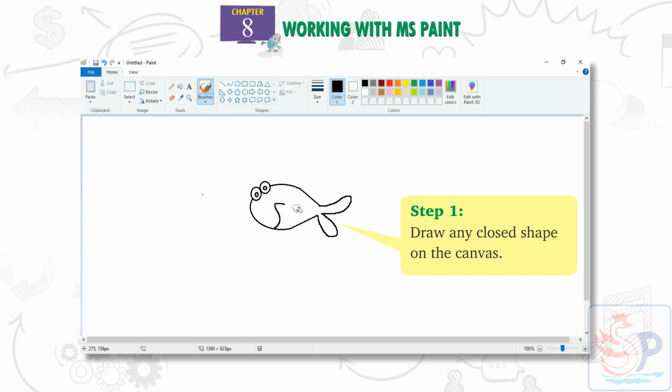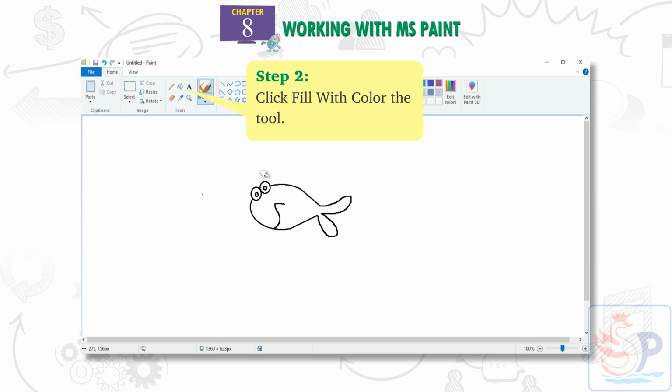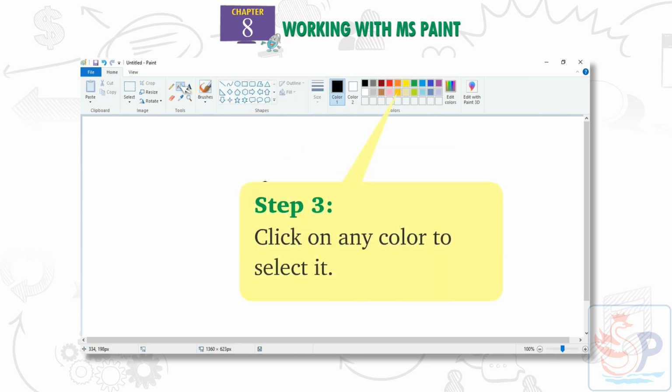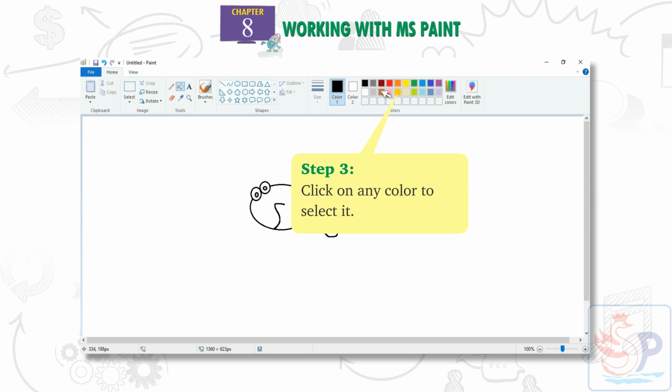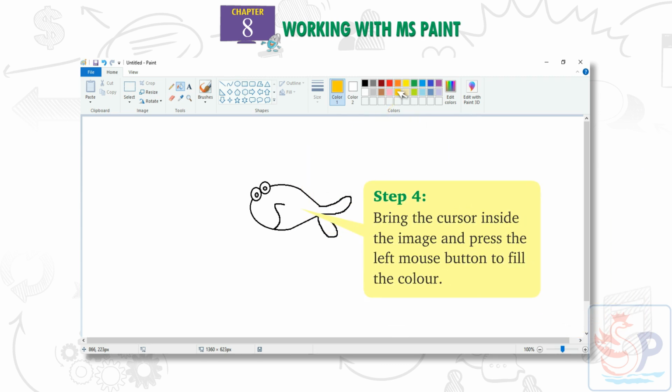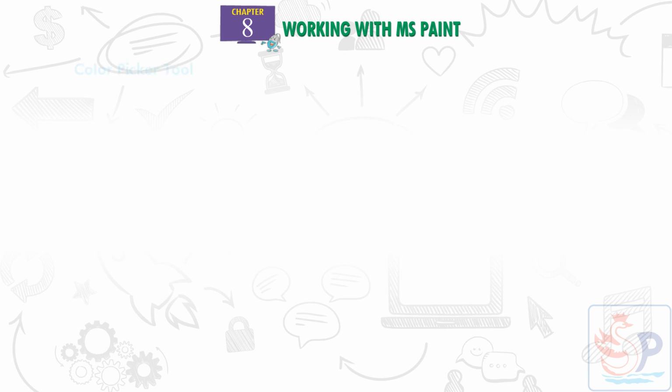Draw any closed shape on the canvas. Step 2. Click the Fill with color tool. Step 3. Click on any color to select it. Step 4. Bring the cursor inside the image and press the left mouse button to fill the color.